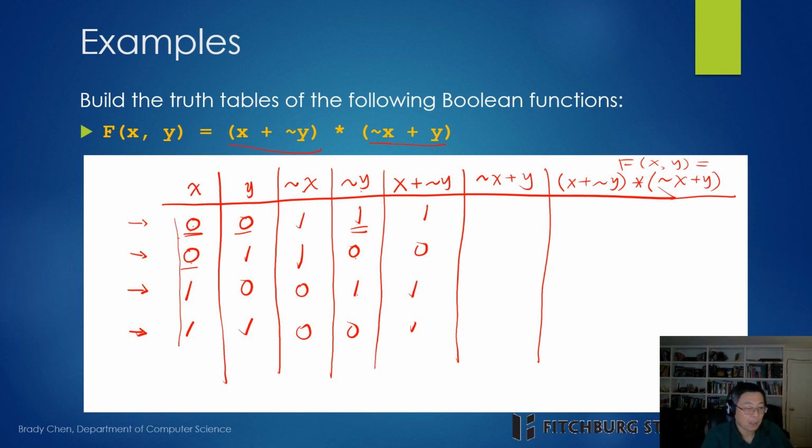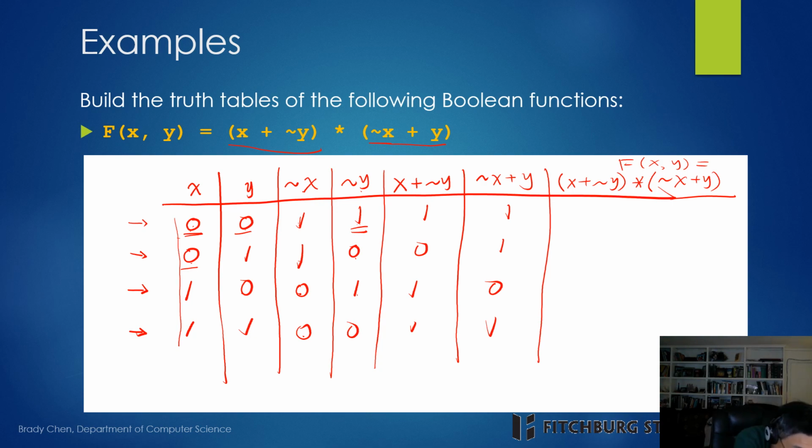Okay. Now let's take a look at the other expression, tilde x plus y. You have tilde x, which is 1, and y is 0, but this is the OR operation, so you got a 1. Tilde x is 1, y is 1, so you got a 1. Tilde x is 0, y is 0, so you got a 0. Tilde x is 0, y is 1, so you got a 1. Okay, by the definition of the OR operation.